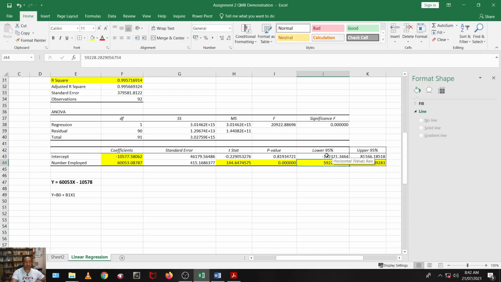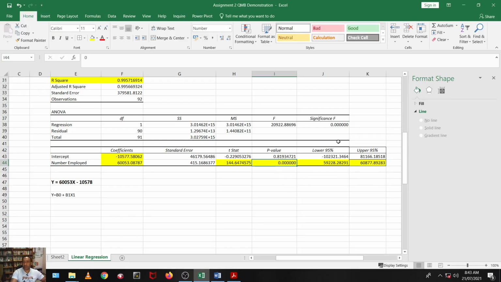Like we said, it's 0.000 to 108 decimal places, but we can accept this. So this means that the relationship between the number of full-time employees and profits generated as described by the regression model here is statistically significant at a p-value of 0.00000 to 7 decimal places here that I've put. That is, this relationship between the number of employees and profits generated is not due to chance.